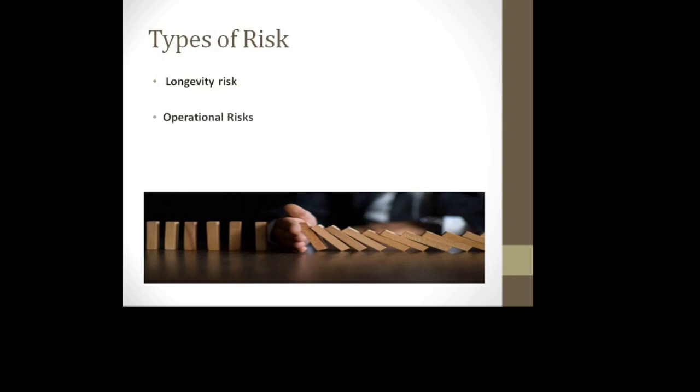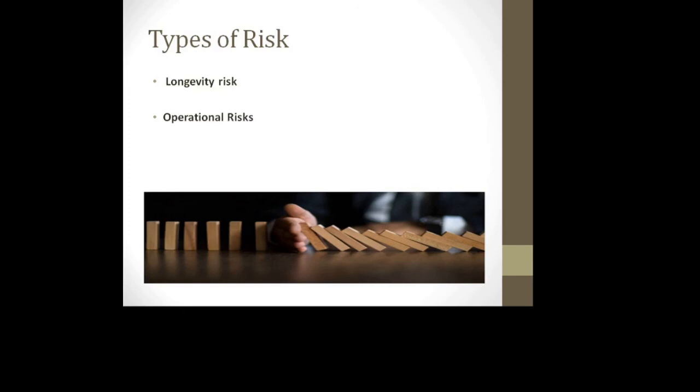Next is operational risk. This is the risk that occurs with the starting of any business. As soon as a business starts operating, this kind of risk arises. This may be due to internal factors, that is internal operational risk, or external factors as well.